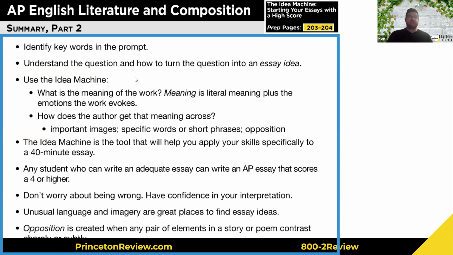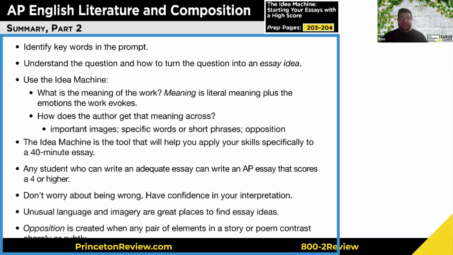So the idea machine on this next slide works by asking what is the meaning of the work, which is literally what was the work's main point and what emotions were involved, come out from that work, and then asking, how does the author get the meaning across? What imagery do they use? What words and phrases do they use?